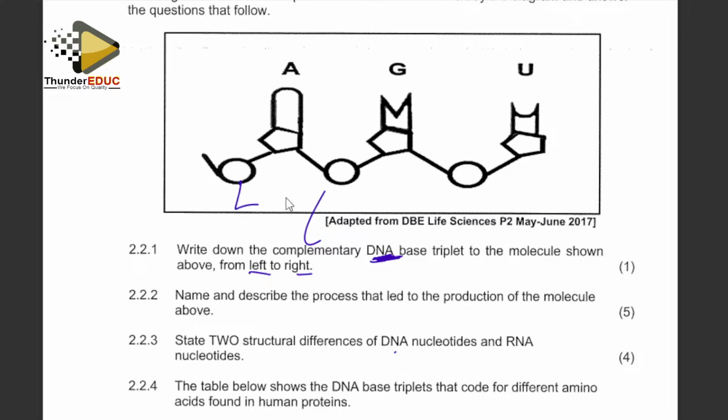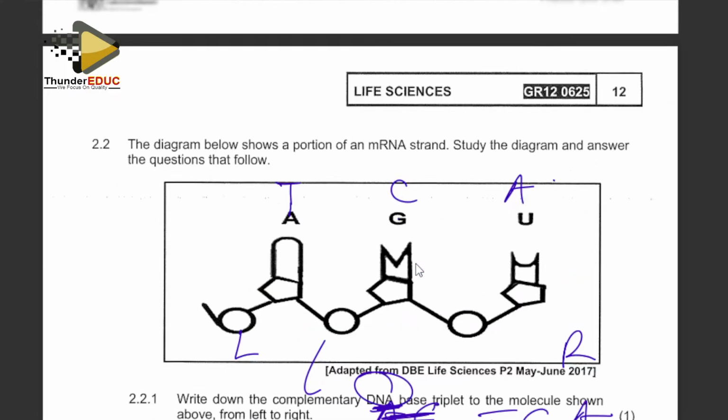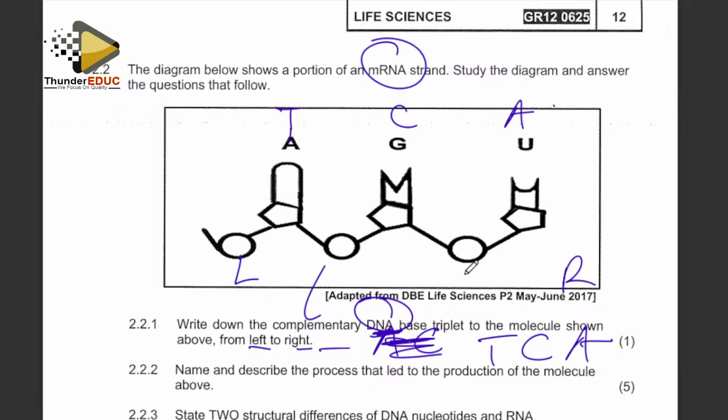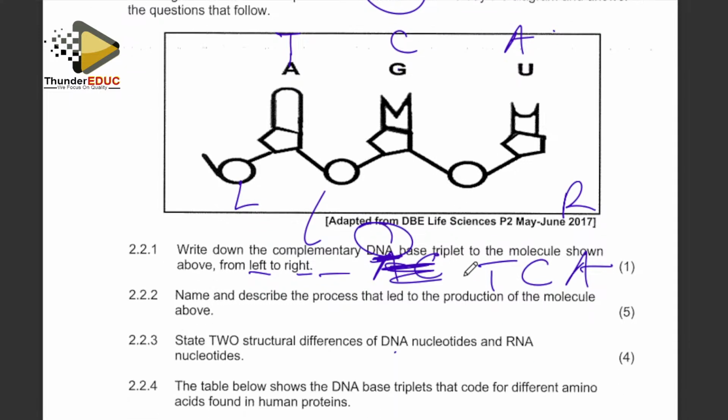This is left, this is right, meaning that A goes with T, C, A. So my answer here is not A, it's going to be TCA, because they said DNA, and this one is messenger RNA. So I convert it into DNA. I'm going to say GA.